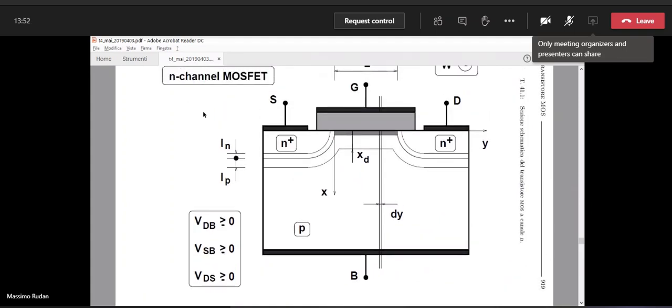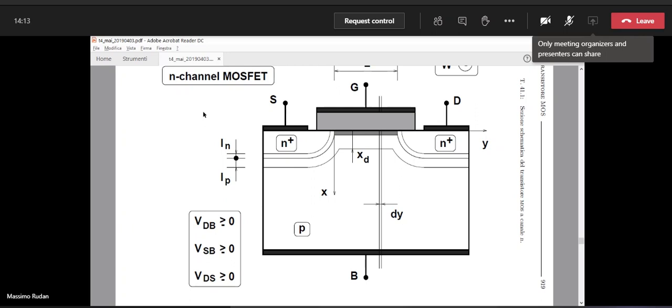We extracted the strip of infinitesimal length or width dy and made a calculation on it by assuming that this strip behaves as an MOS capacitor.